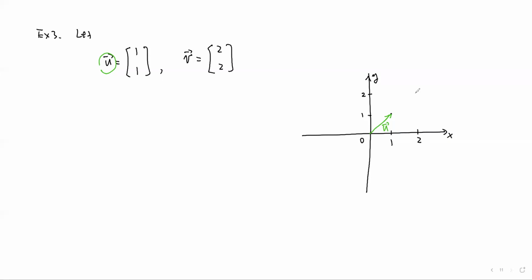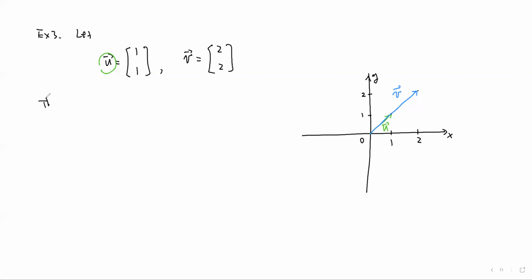And this point (2, 2) is vector V. Let me use an arrow. This is vector V. This time, vector U and vector V, their arrows lie on a line. Now this time, these two vectors span only a line, not the XY plane.